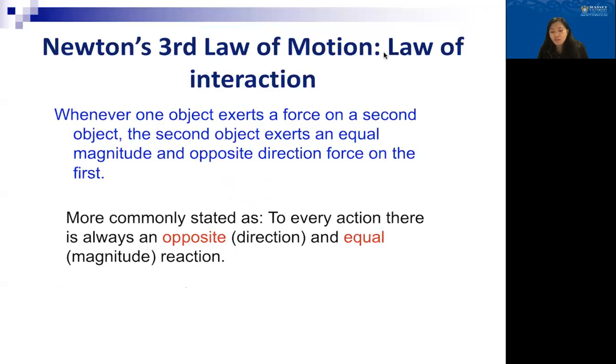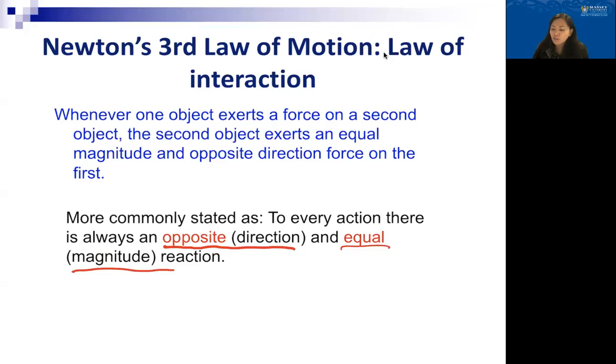The third law of motion is also called the law of interaction. It says that whenever an object exerts a force on a second object, the second object exerts a force of equal magnitude and opposite direction on the first. The key thing here is that the reaction is opposite in direction, but equal in magnitude.